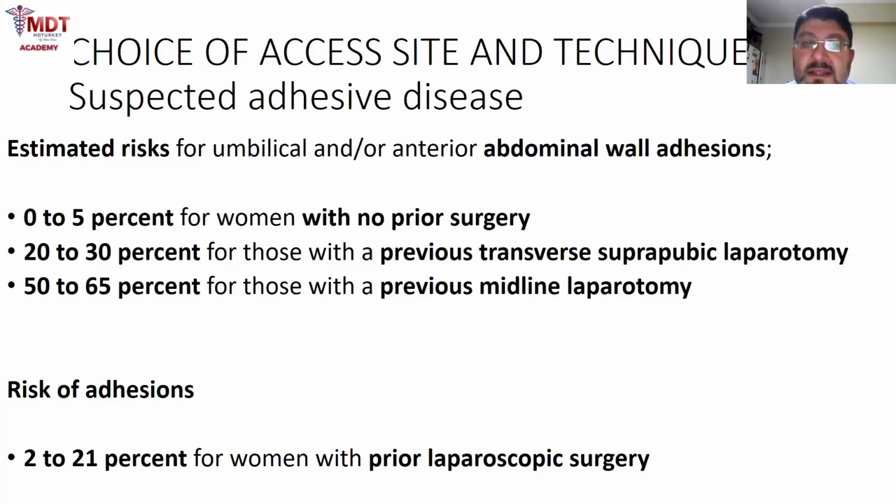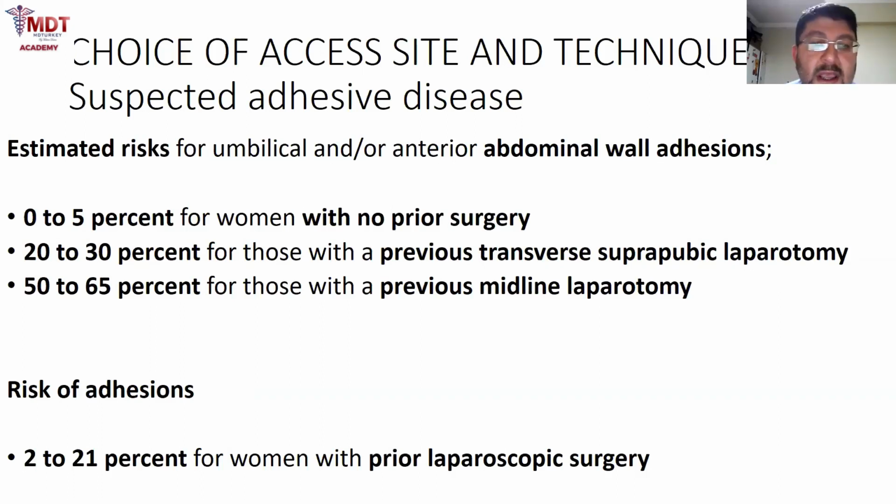The estimated risk for adhesion: if the patient had no surgery before, 0 to 5% risk of adhesion. If the patient had a previous transverse suprapubic surgery, 20 to 30% risk of umbilical, anterior abdominal wall adhesion.